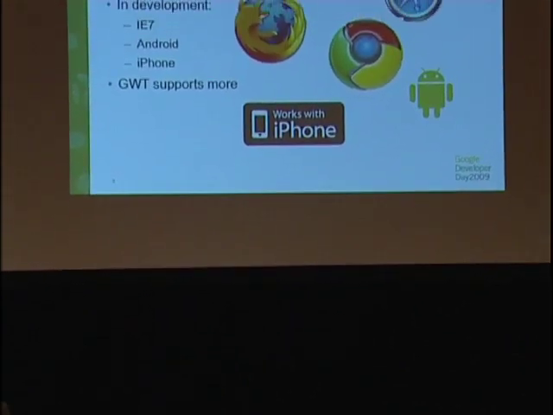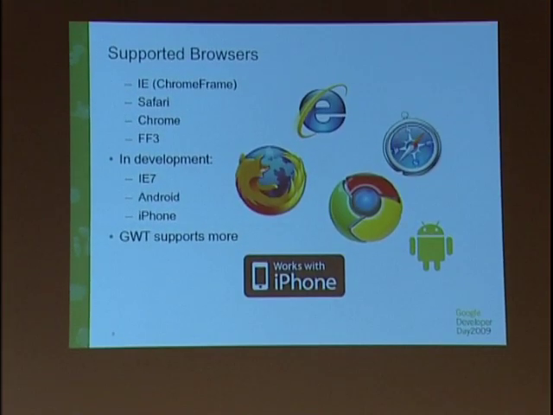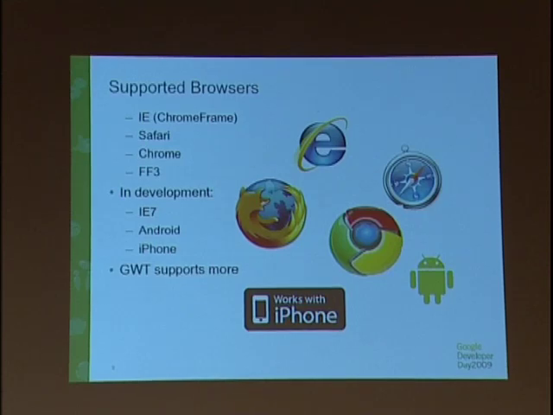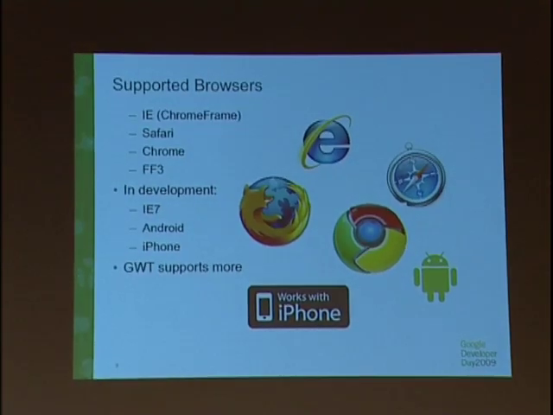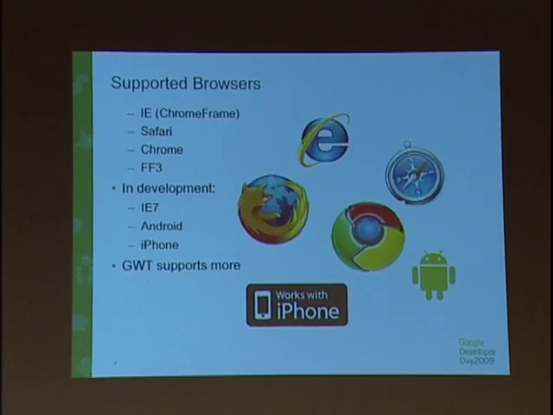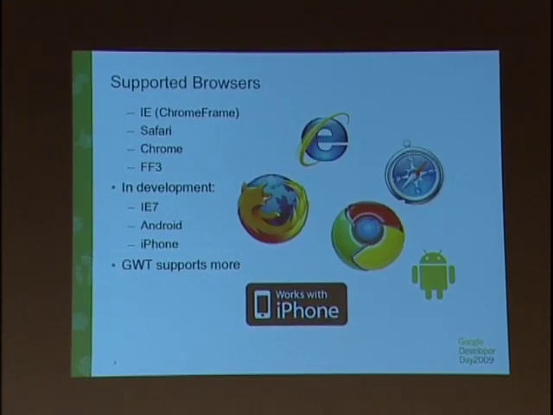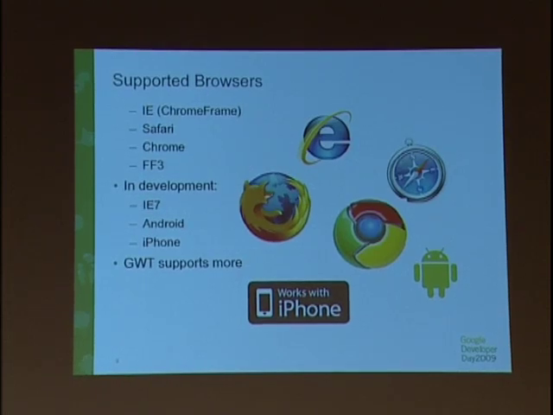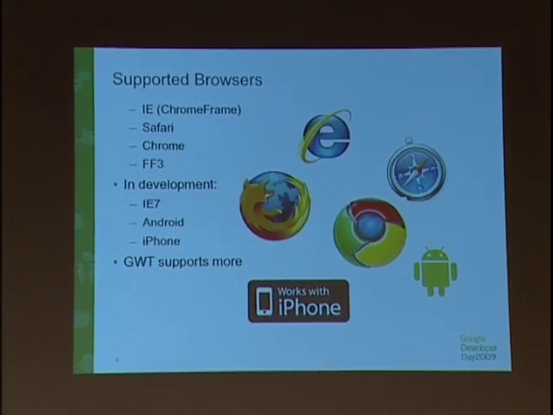GWT gives us mobile implementations and an IE7 implementation for free, but we do need to do some work to make them perform better. But 90% of the work is already done, just because we use GWT. GWT actually supports more browsers than this, but we limit it at this because these are the only ones we're currently committed to supporting.